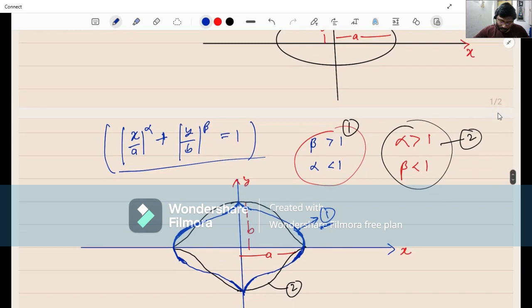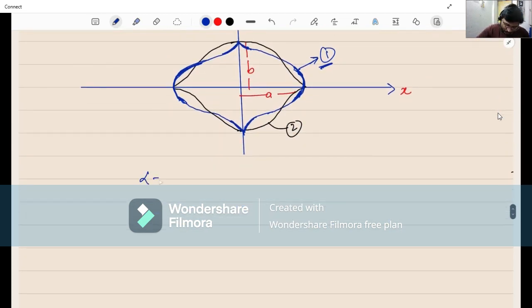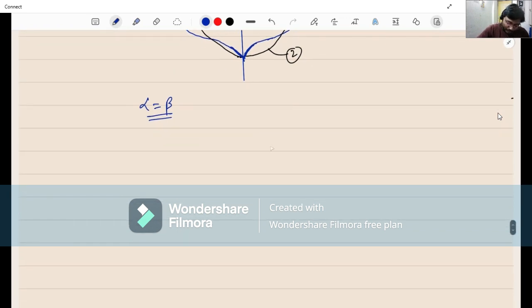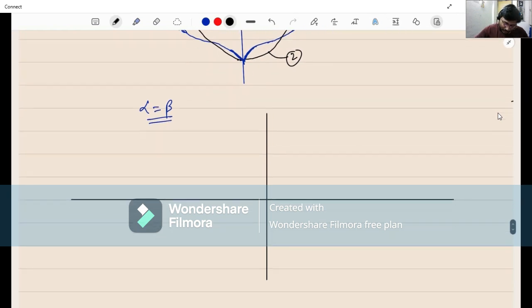So let me make alpha equal to beta. Then this oval will look like this. If you make alpha equal to beta and both are less than 1, then it will become like this.